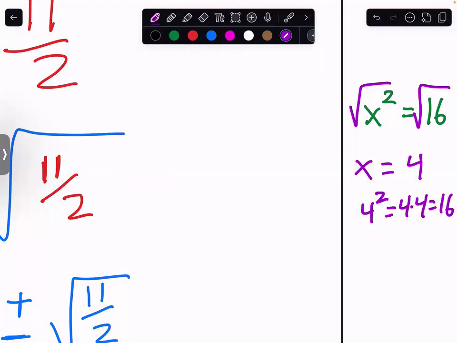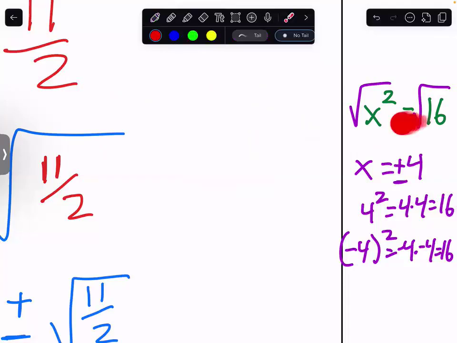But -4 would also work, right? -4 squared, -4 times -4, that would also equal 16. So since both +4 and -4 work, we need to put the plus minus sign.